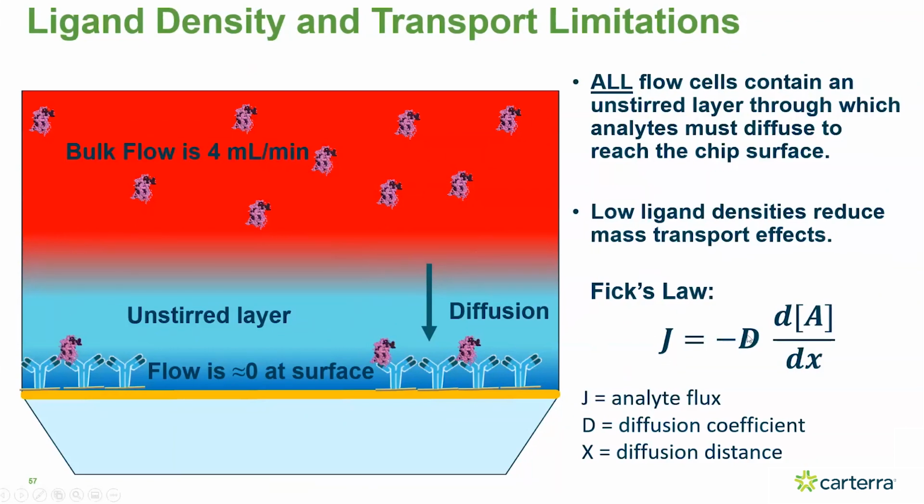So you have a diffusion coefficient, a concentration gradient, and a distance that determine that rate. As the liquid gets more viscous or the protein gets larger, the hydrodynamic radius of the protein increases, and the rate at which that diffusion occurs is less.